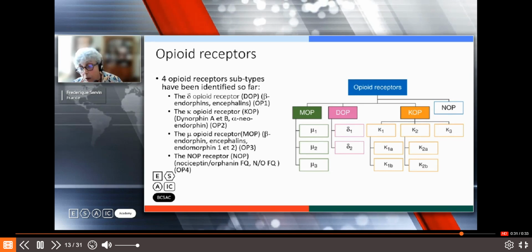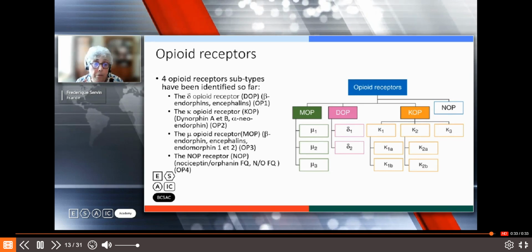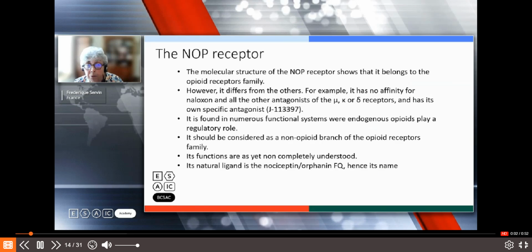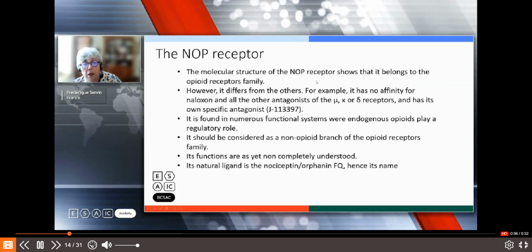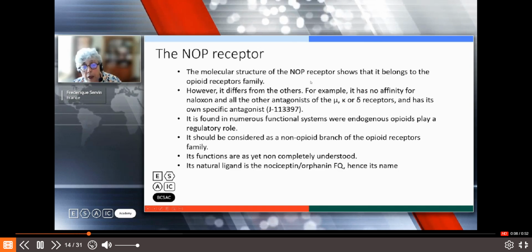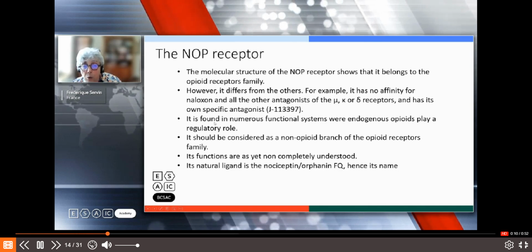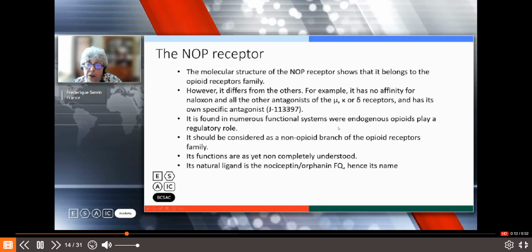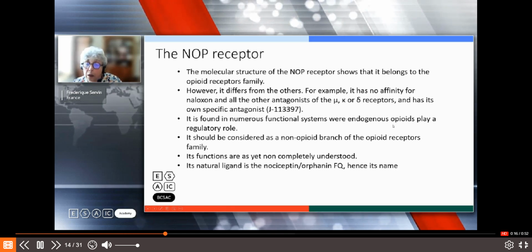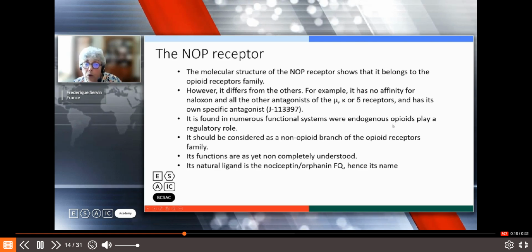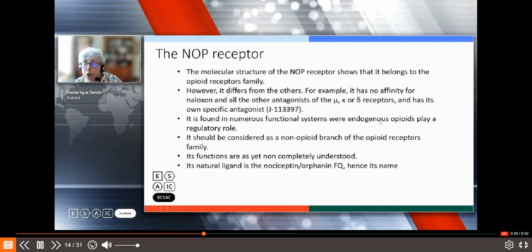this peculiar receptor, the NOP receptor, structurally as a molecule, is an opioid receptor. And also, you will find it in systems where endogenous opioid play a regulatory role and where you find other opioid receptors.